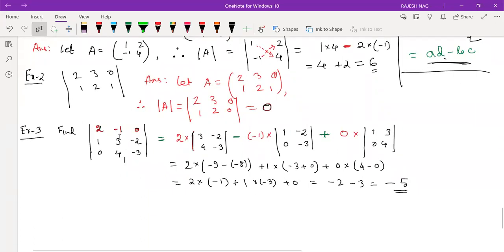So cofactor of 3, if I ask what is the cofactor of this 3, the second value? Cofactor of 3 will be 2 0, this 2, this 0, this 0 and this 0.